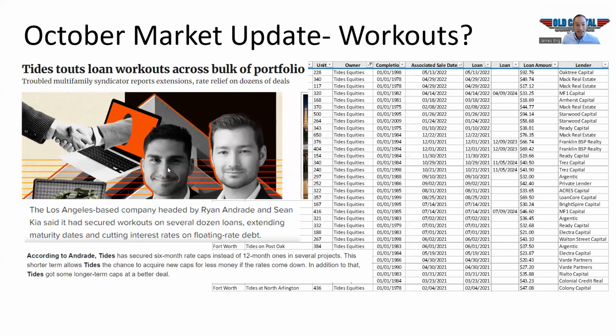And so these guys came out. I don't know if they interviewed them, but a lot of people were worried that they weren't going to be able to do anything on their portfolio, but it looks like they came out with a press release saying, we've worked out these deals and everything's good. So I don't have inside information on these loans, but it looks like they extended some of the maturity dates.